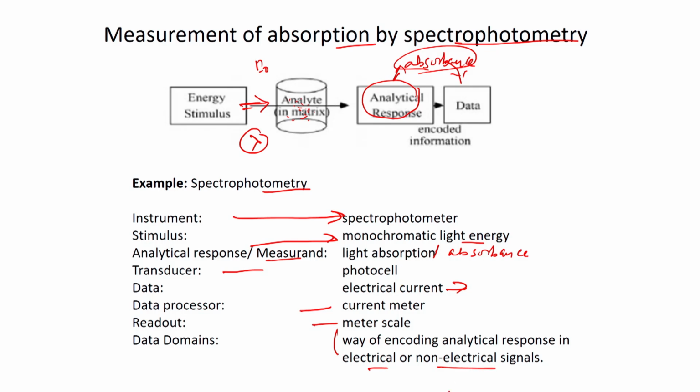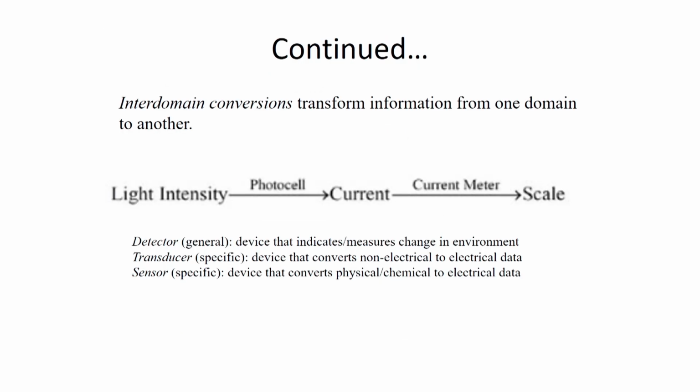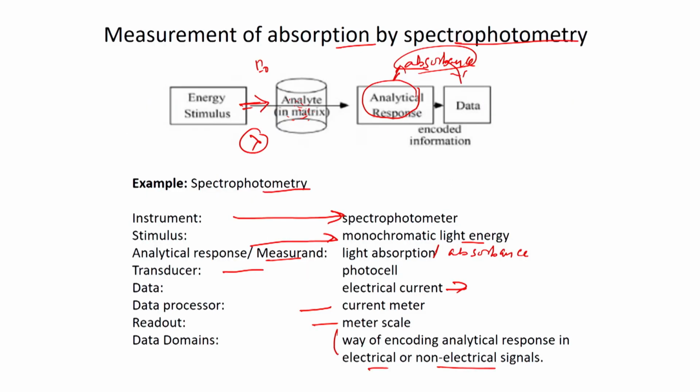So this is a different part of this, but any kind of measurement that we have is like this: you have a stimulator here, and this stimulator excites this or it absorbs the particular radiation, and then you have the analytical response, which is detected by what we call the detector. So that has to detect this analytical response.